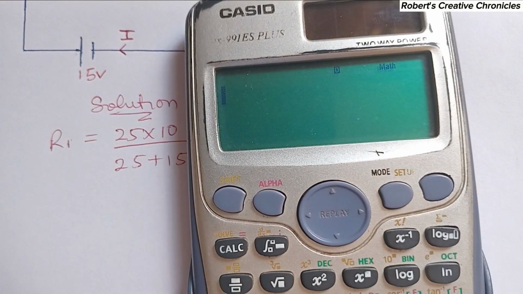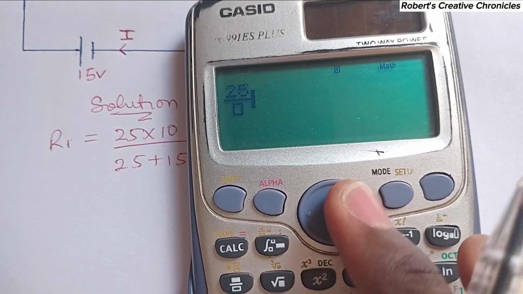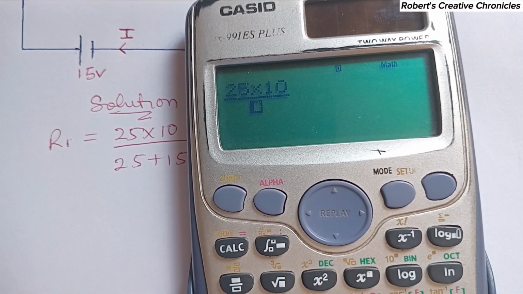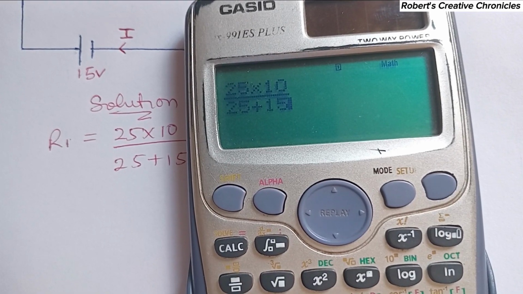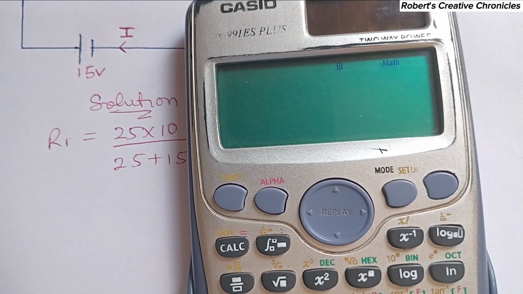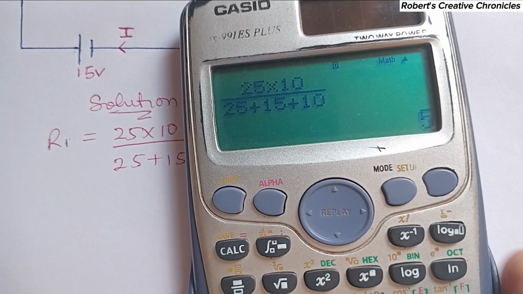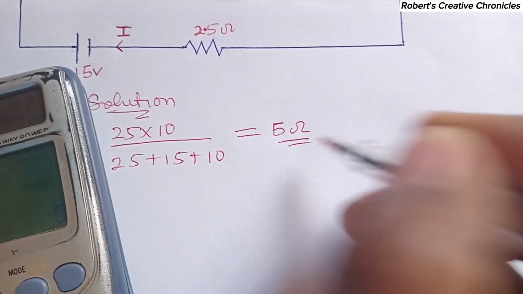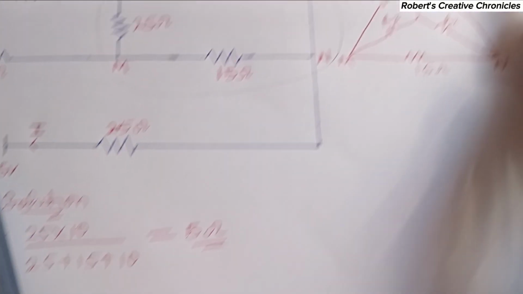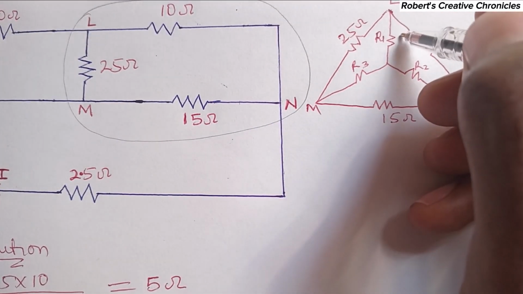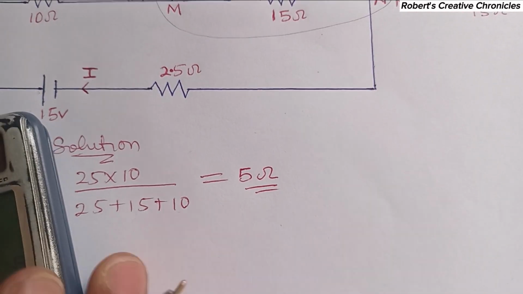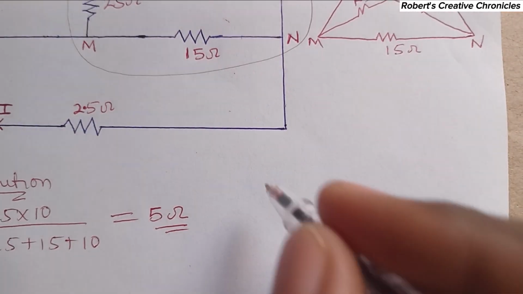So this is 25 times 10 over 25 plus 15 plus 10. This is 5 ohms. So here is 5 ohms.